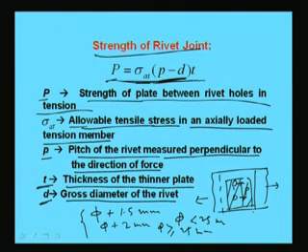Area of the hole at that section will be d into t, where d is the gross diameter of the rivet, that means the diameter of the hole, and t is the thickness, and this thickness we will take for the thinner plate, because thinner plate is going to fail first. So, we will find out the strength of the plate due to tearing as P is equal to sigma AT into (p minus d) into t, right.